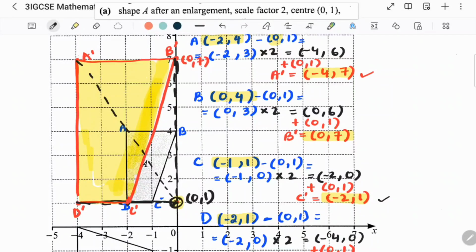That's why the scale factor is positive, because in the next question I'm taking the scale factor negative. Then you will see that the center will be coming in the middle. All right, so let's begin another question.